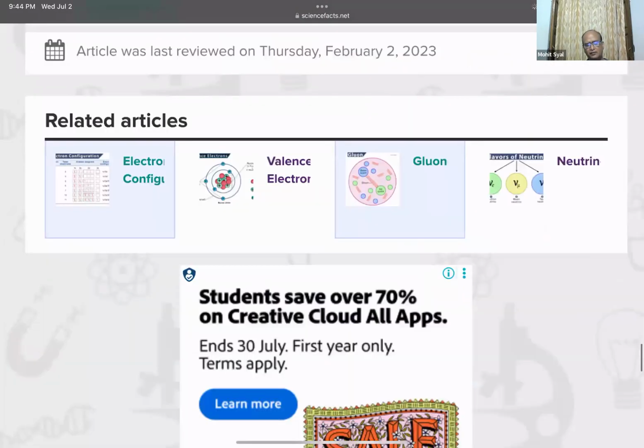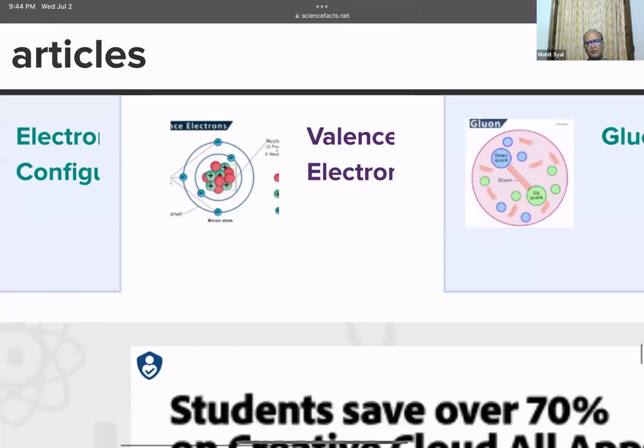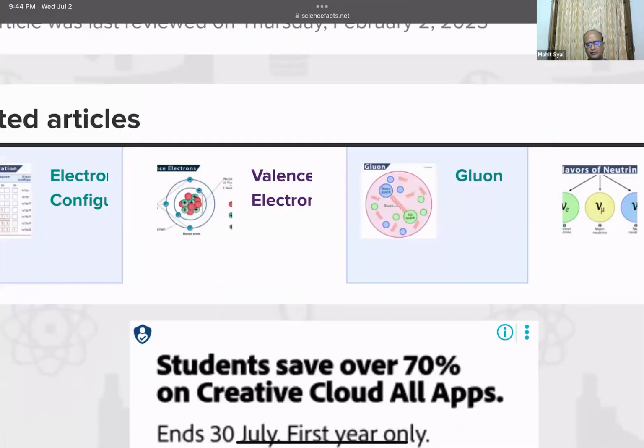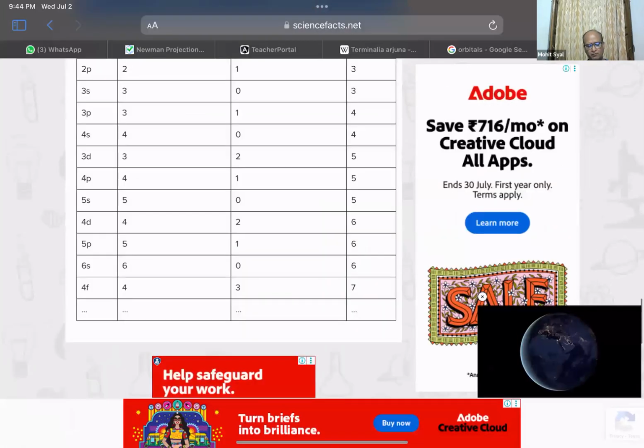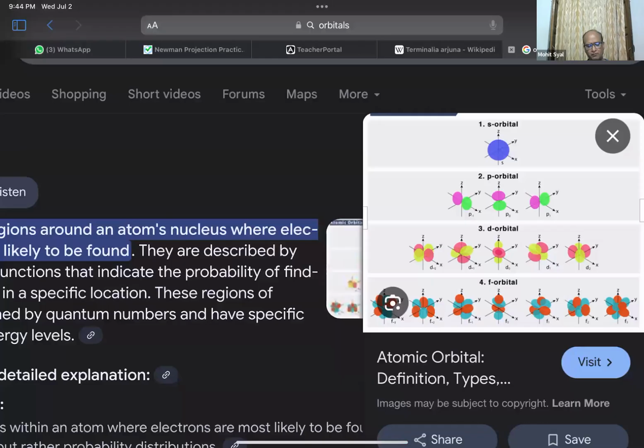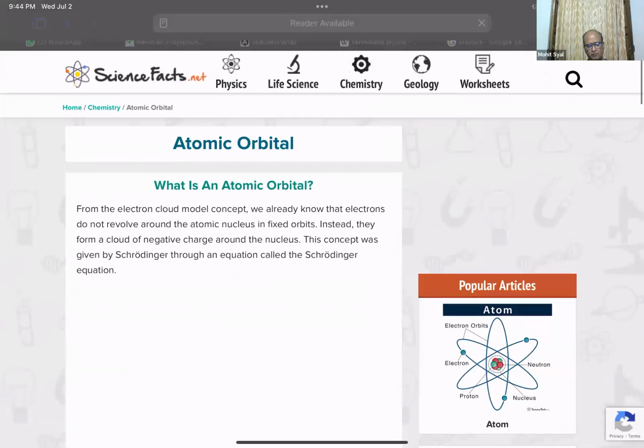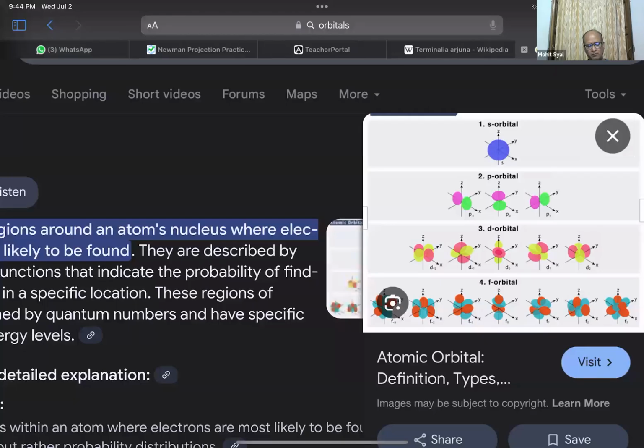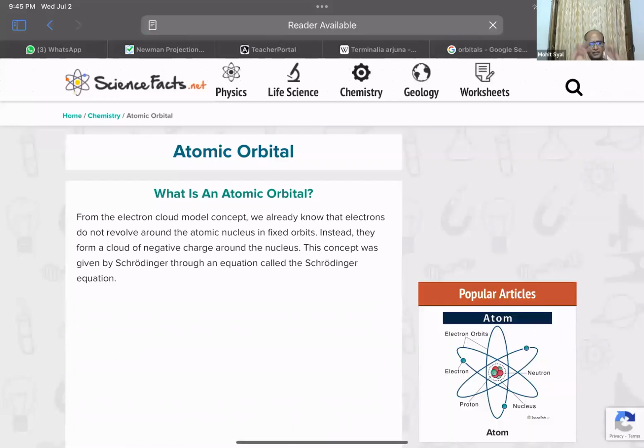So this was actually the older model, right? Now you don't use this older model. You instead plot the waves. So now the electron is represented as a wave.